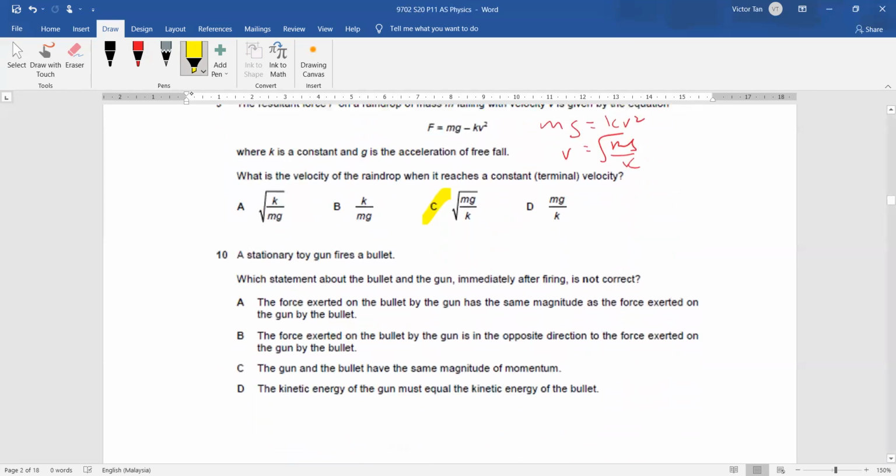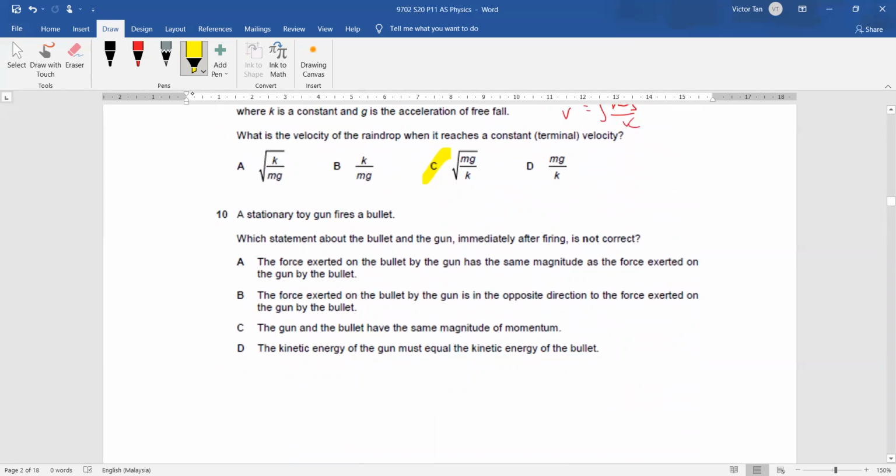A stationary toy gun fires a bullet. Which statement about the bullet and the gun immediately after firing is not correct? The force exerted on the bullet by the gun is the same magnitude as the force exerted on the gun by the bullet. Yes, this is correct. It's Newton's third law. The force on the bullet by the gun is in the opposite direction of the force exerted on the gun by the bullet.